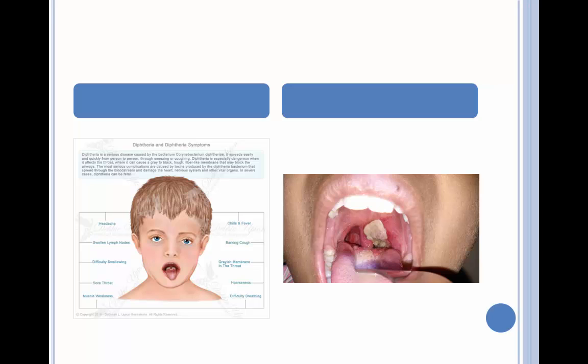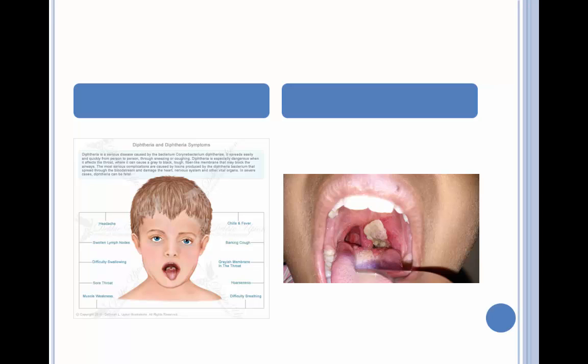The exudate of the nasopharynx, as you could see, is very dirty looking, gray, tough, fibrinous, very adherent, that if you try to dislodge that, it's going to cause bleeding. It produces a lot of local edema, swelling of the neck that is very pathognomonic, which is called bull neck, B-U-L-L, hoarseness, stridor, and even dyspnea.